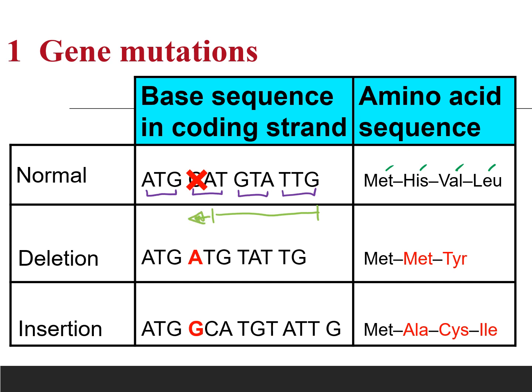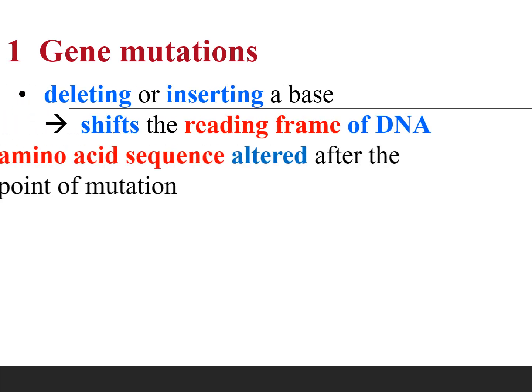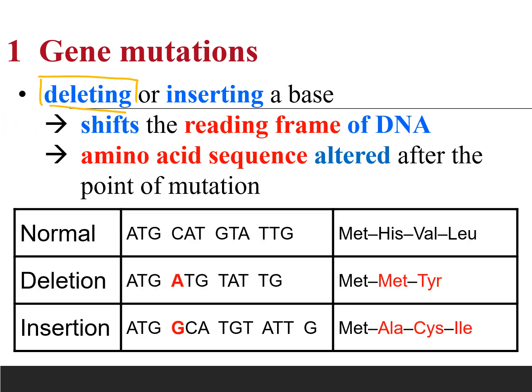And if you have an insertion, the base sequence shifts to the right by 1 base. And this forms totally different amino acids after the point of mutation. Deleting a base, like without the C, or inserting a base, like adding a base G, will lead to a completely new set of triplet codes being formed.